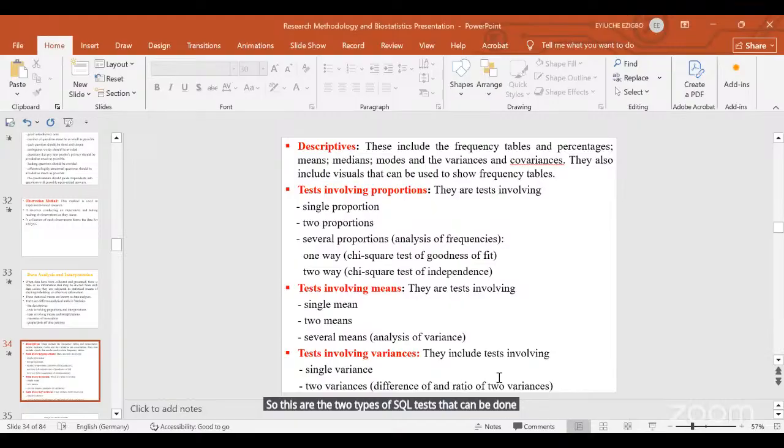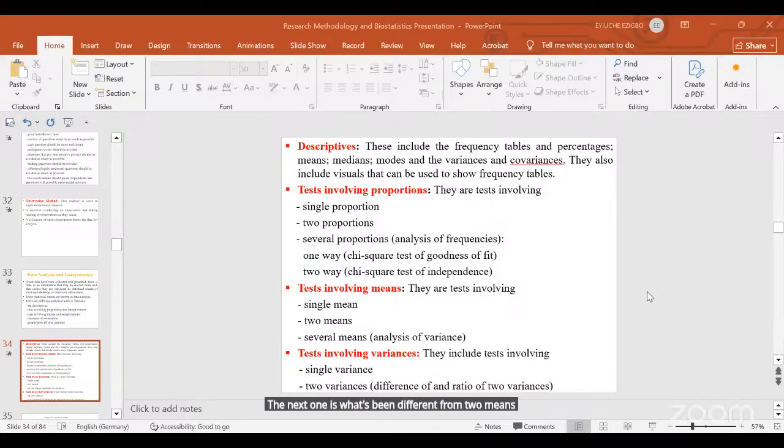The next is a test involving maybe means. There are different tests involving means. The first one is test involving a single mean. The next one is test involving difference of two means.